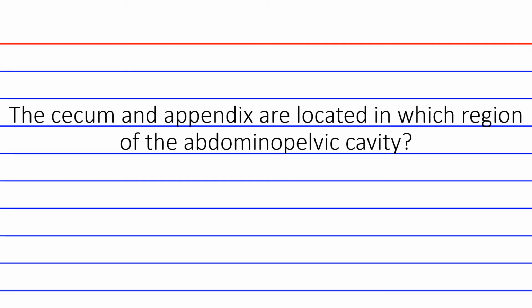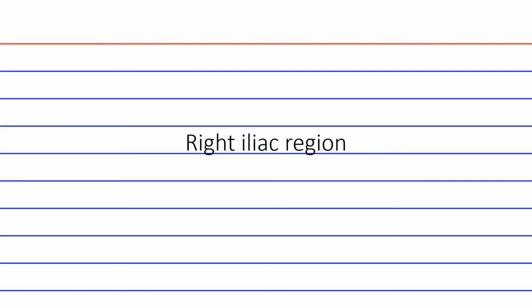The answer is the umbilical region. The cecum and the appendix are located in which region of the abdominal pelvic cavity? The answer is the right iliac region.